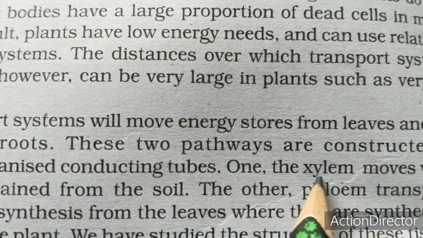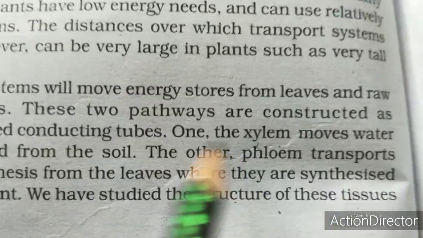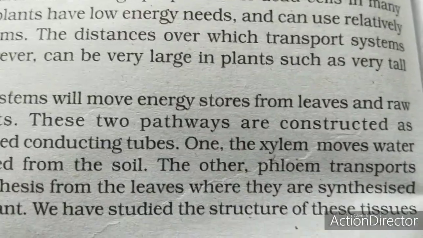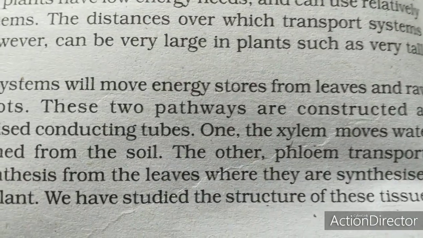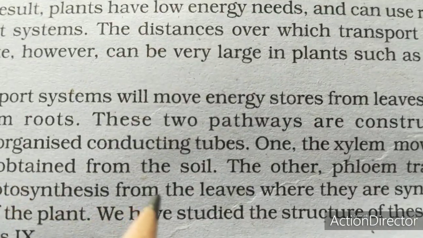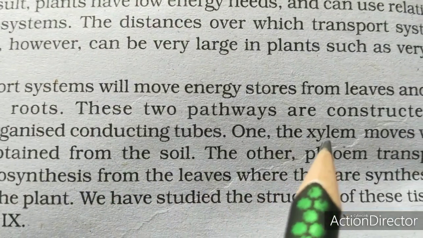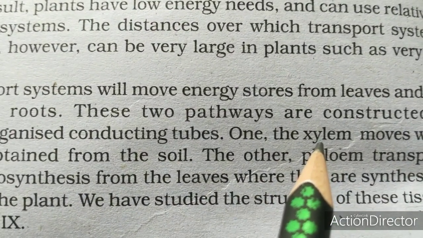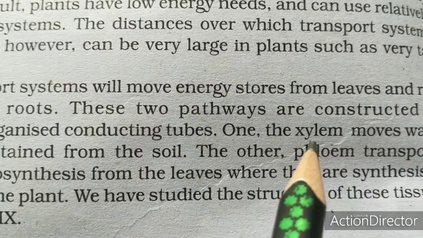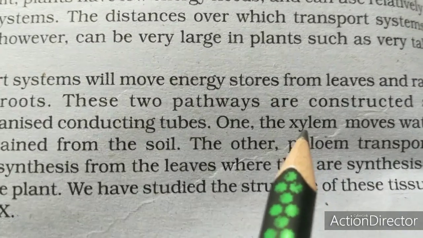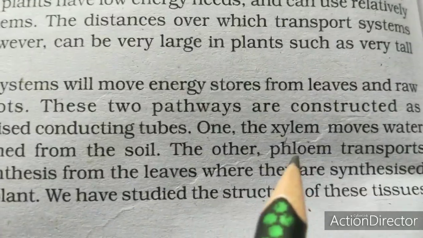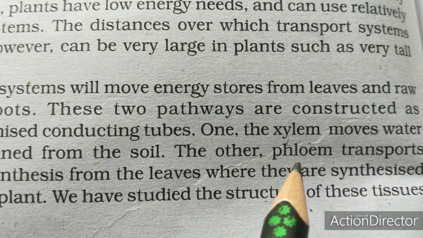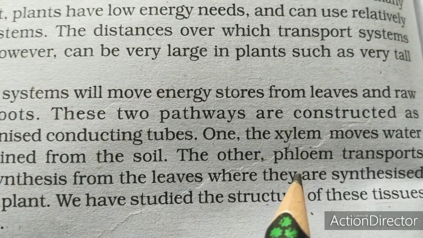The first one is xylem. The xylem moves water and minerals obtained from the soil to the leaves. Xylem is water conducting tissue. Xylem helps in transportation of water from the roots to the leaves. On the other hand, the second conducting tissue is phloem.